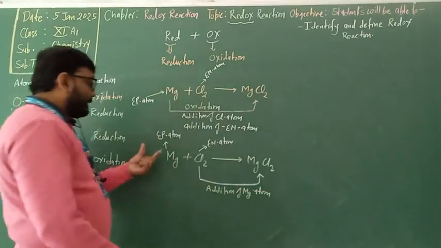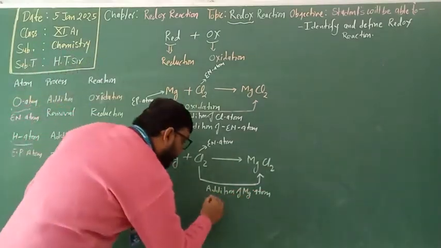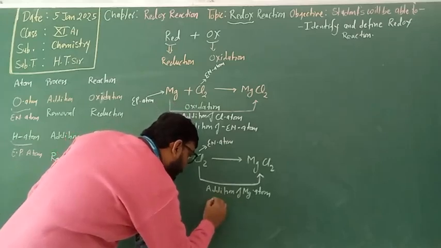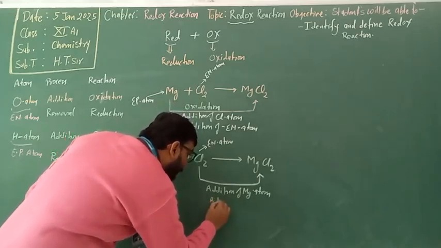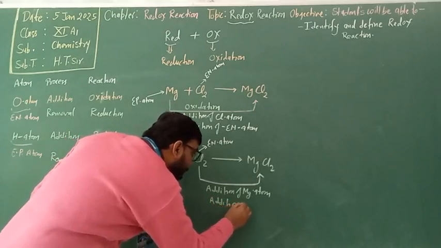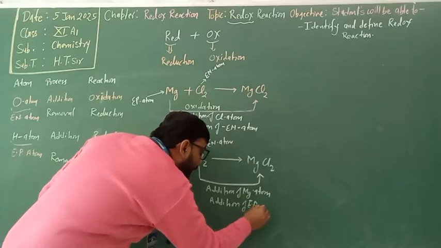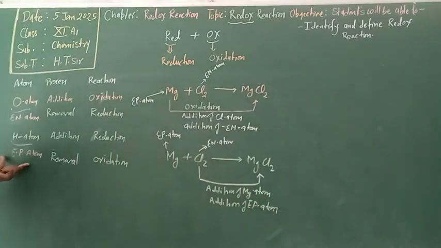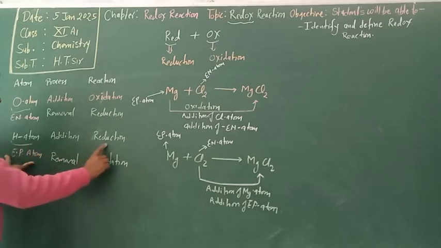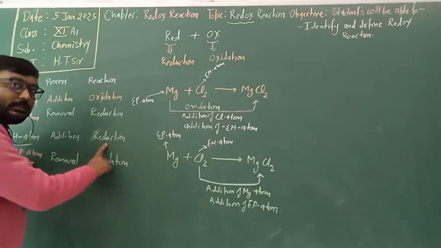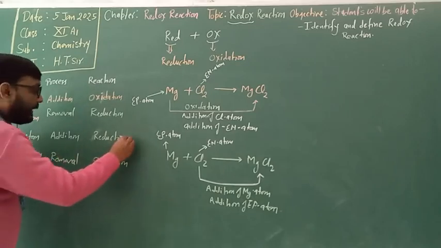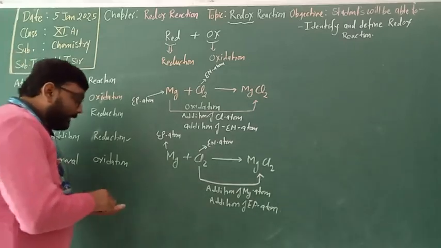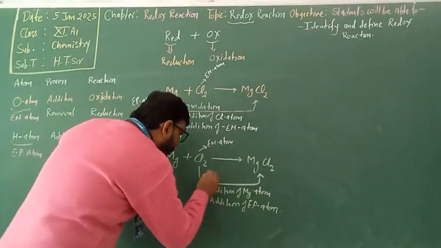The nature of the magnesium atom is electropositive, and as we know, hydrogen is also an electropositive atom. So what phenomenon do we call it when an electropositive atom gets added to any other atom? That is known as reduction.